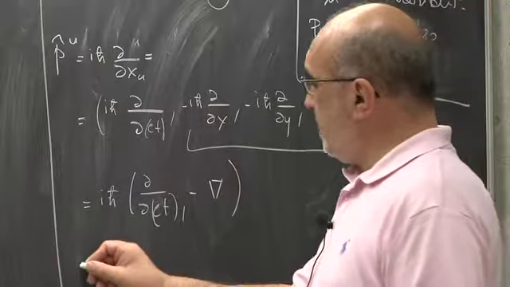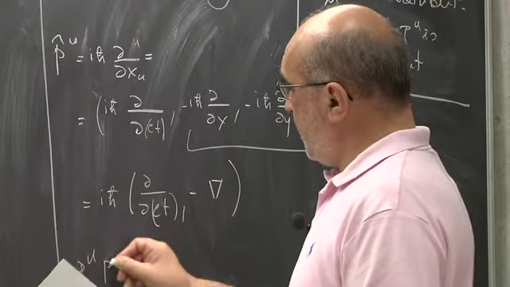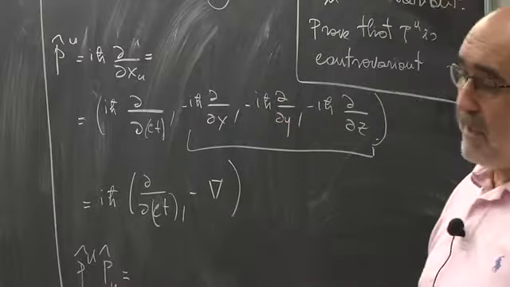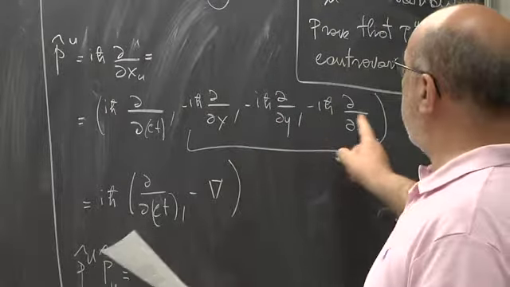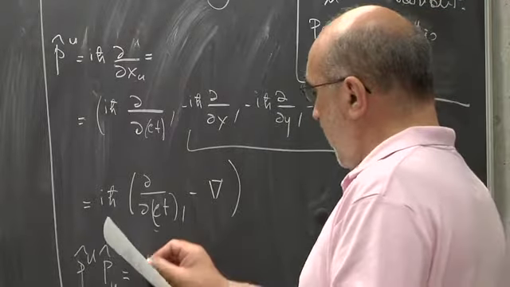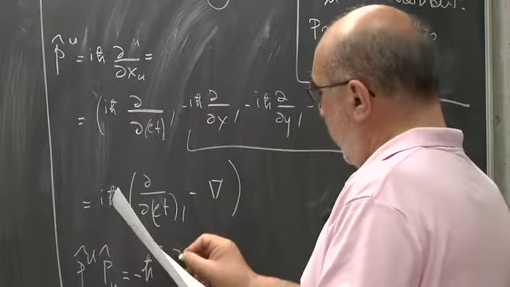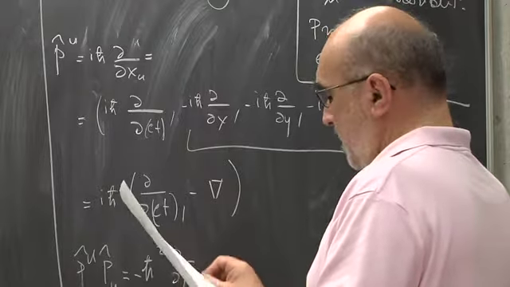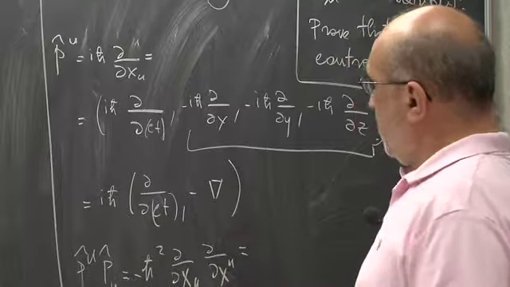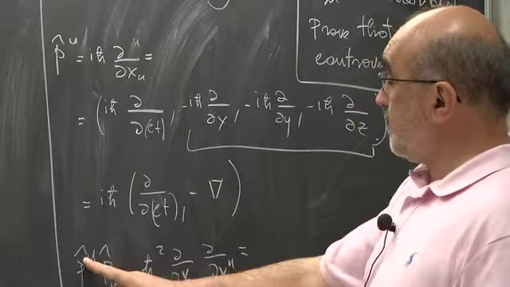Now let's see P mu. Remember, I bring the index down and I have just to change these signs, and what you get is h minus h squared d dx mu d dx mu. This one with the index down corresponds to this.